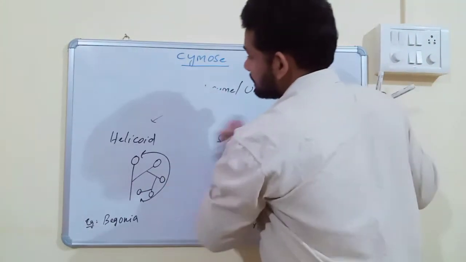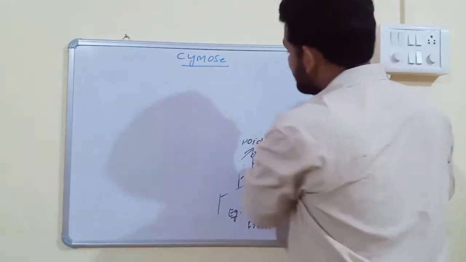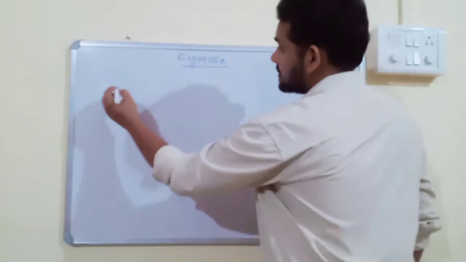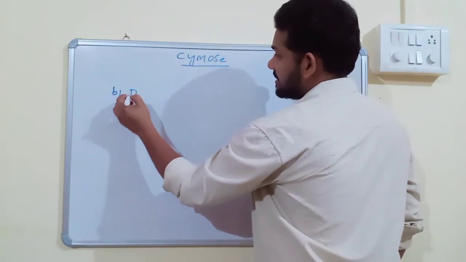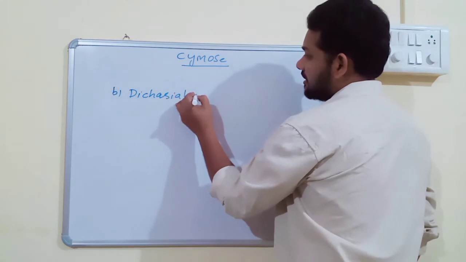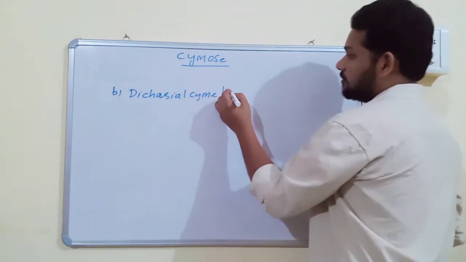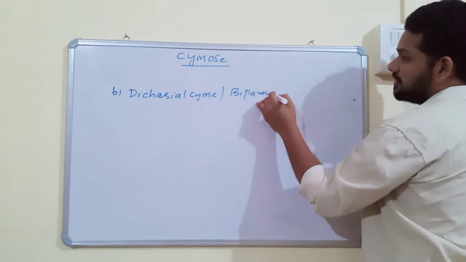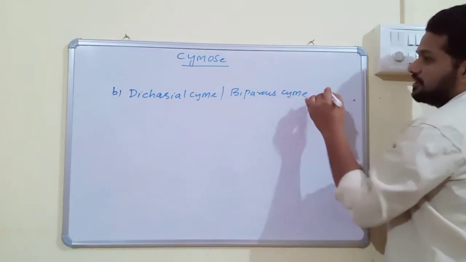monochasial cyme. The second type of cymose inflorescence is called dichasial cyme, also called biparous cyme. Bi or di means two.